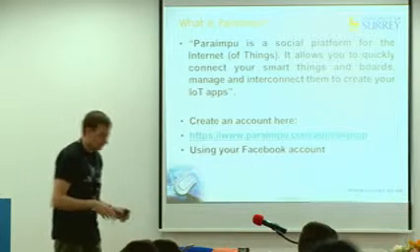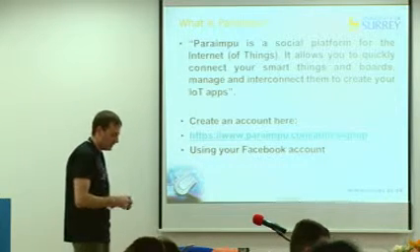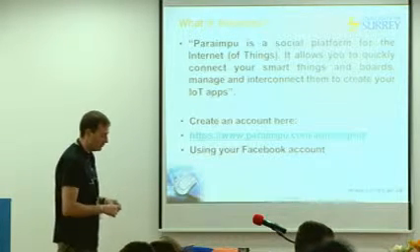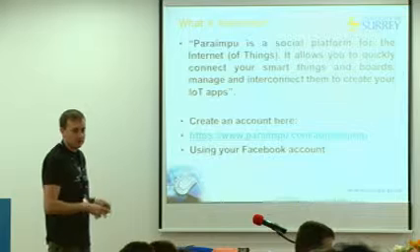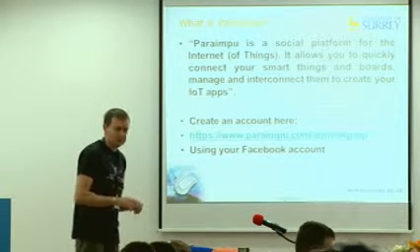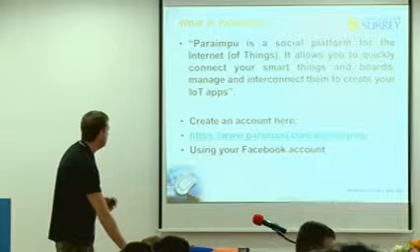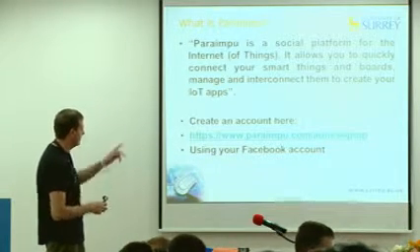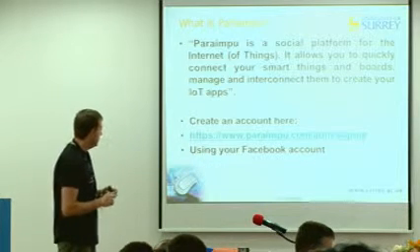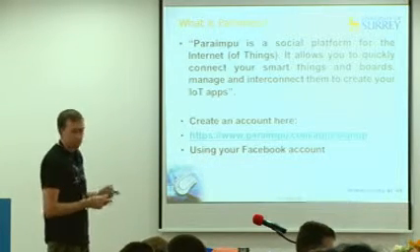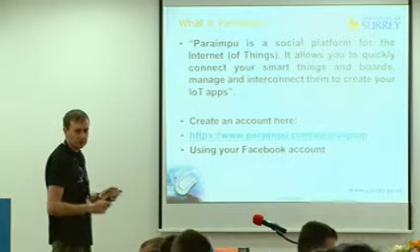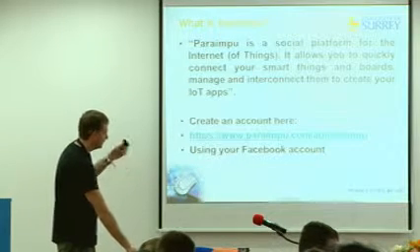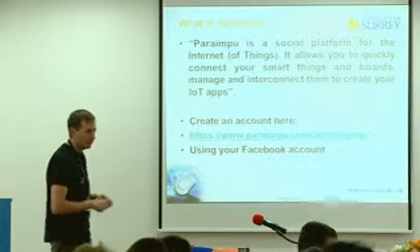Because it's social, it puts together many different data sources, not only data coming from a real sensor, real board, but data coming also from Twitter feeds, Facebook posts, and all this kind of stuff. So you can create a ParaInput account from this URL. I would suggest to use Facebook if you don't want to input and create a new account with username and password. The Twitter account seems not to be working. I had some problem creating an account by linking my Twitter account.